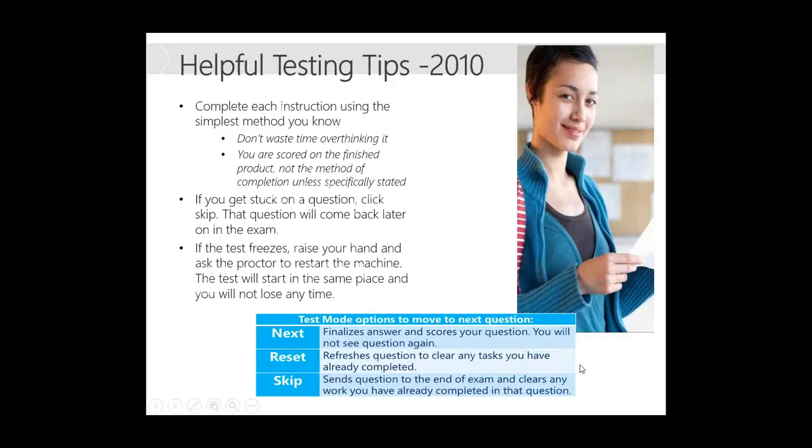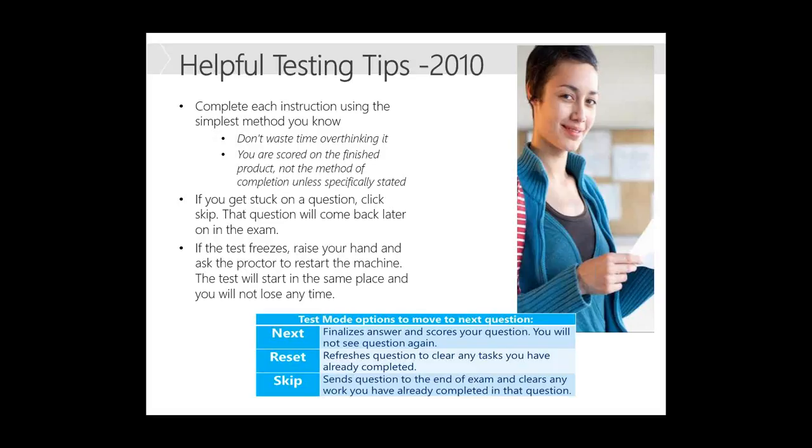So let's look at some helpful tips for your students, and possibly for you if you haven't taken the test. You want to make sure, and your students want to make sure when they're taking the test, to complete each instruction or task using the simplest method that you know, because you're scored in 2010 on the finished product, not the method of getting to it.